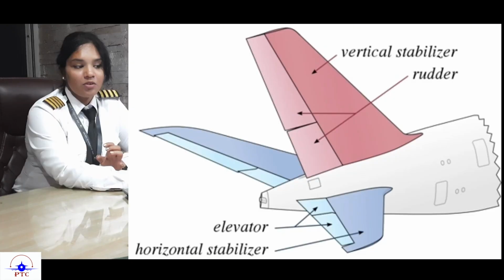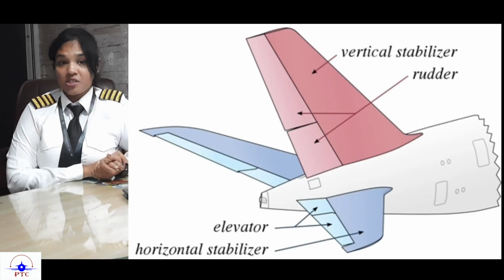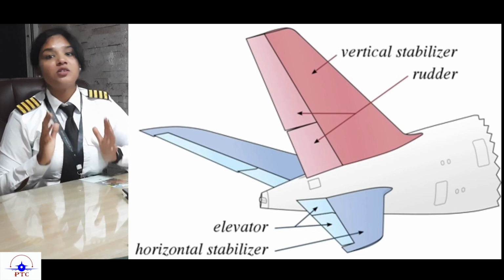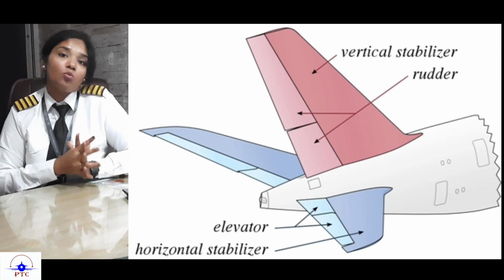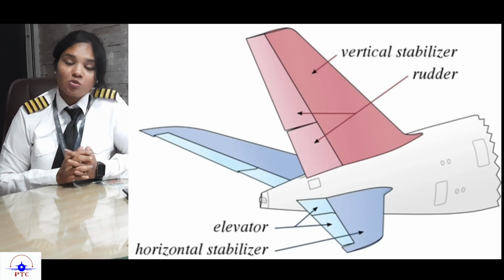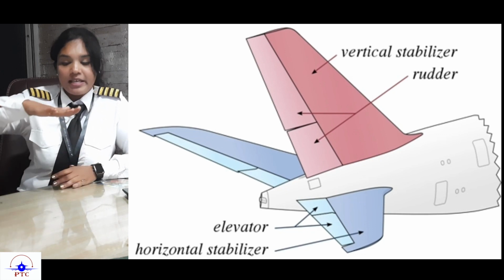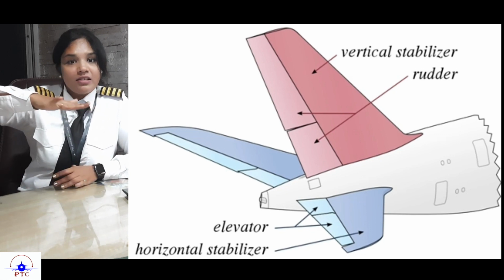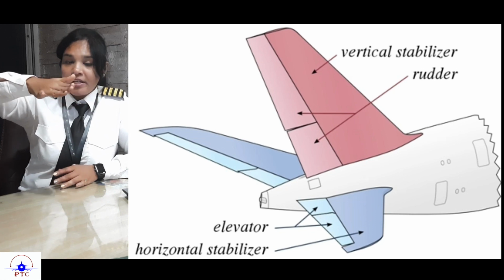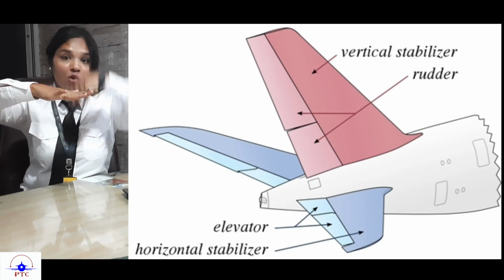Now in the aircraft, to give stability there are two stabilizers which I spoke to you about in the components of the aircraft: the horizontal stabilizer and the vertical stabilizer. The vertical stabilizer gives the aircraft stability in the yawing movement, which happens about the vertical axis.